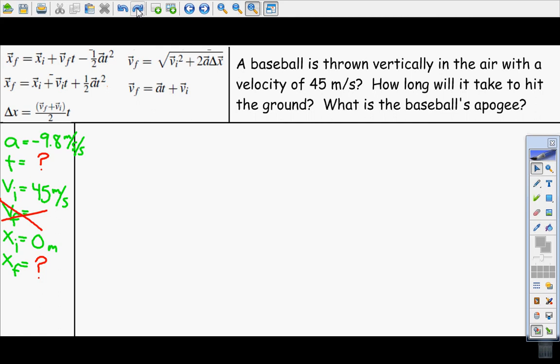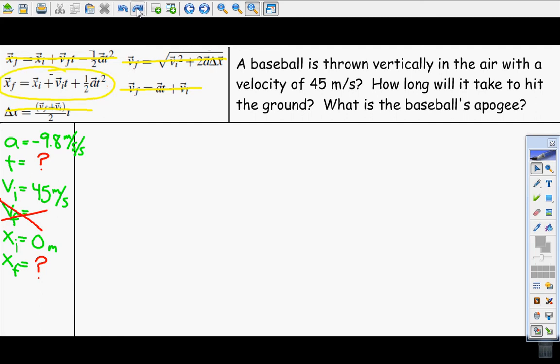So I'm going to look for equations that don't have final velocity in them, and that's going to be this one. That one has final velocity, can't use it, and this one has final velocity, which means I can't use it.